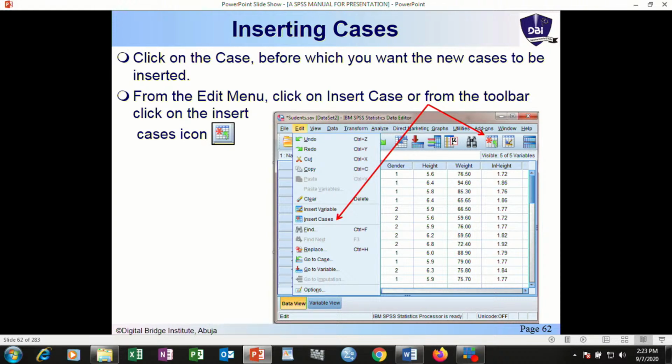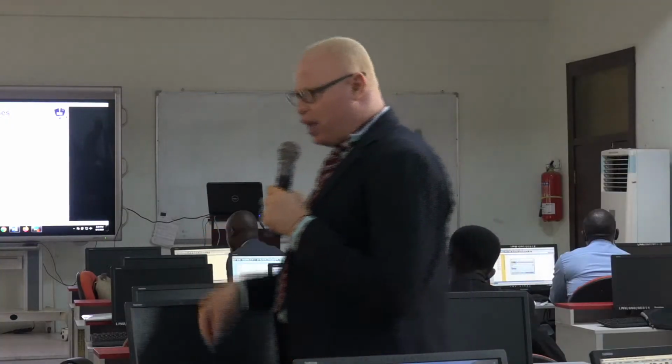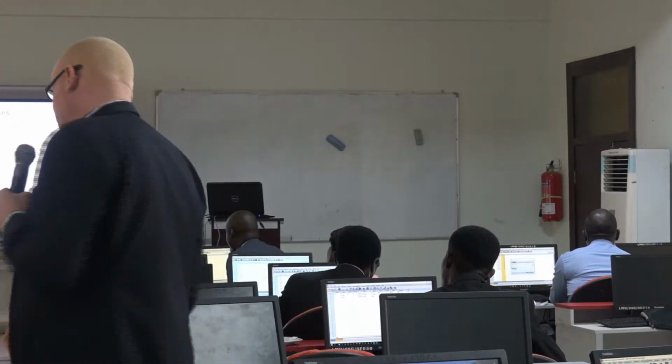Instead of 0, you can type 10. Instead of 2, you type 22. So all those things are key, because if those cases are not removed, the result will be worthless. It will not reflect what we actually want to do.